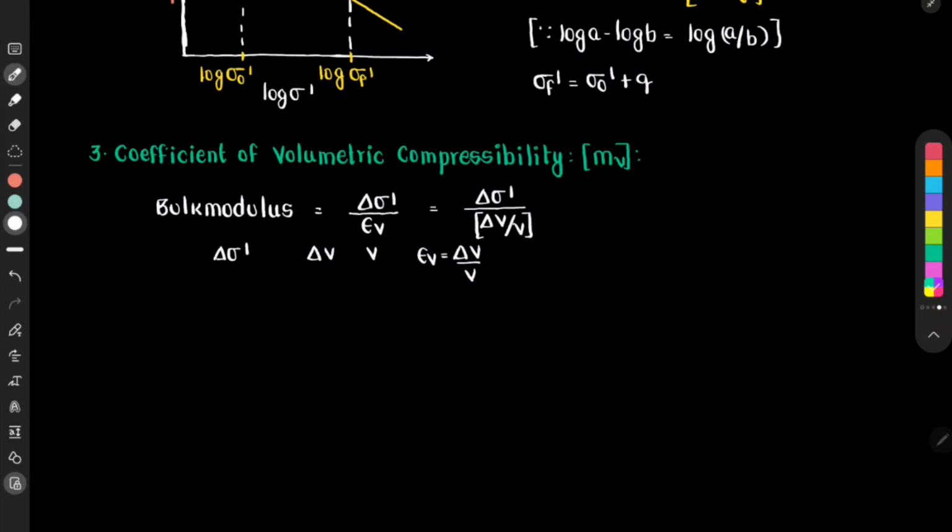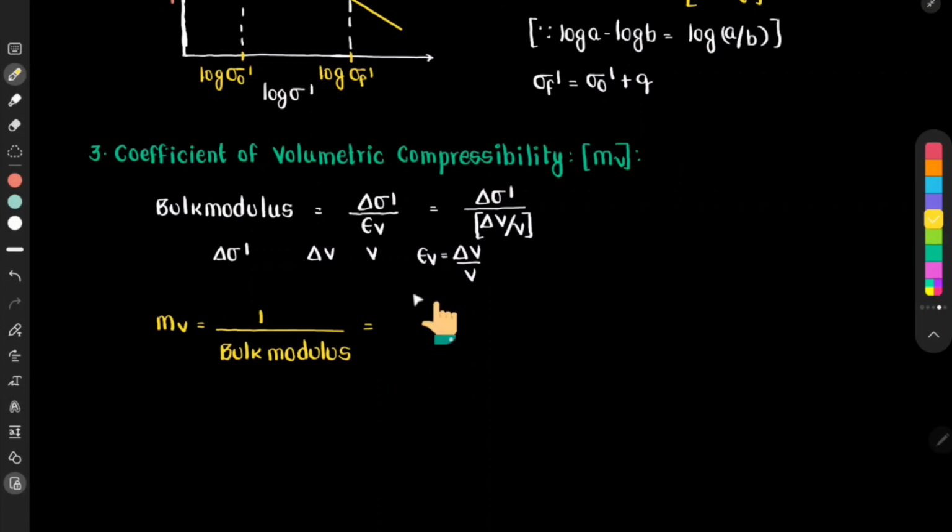Then what is coefficient of volumetric compressibility? It is nothing but the reciprocal of the bulk modulus, 1 by bulk modulus.